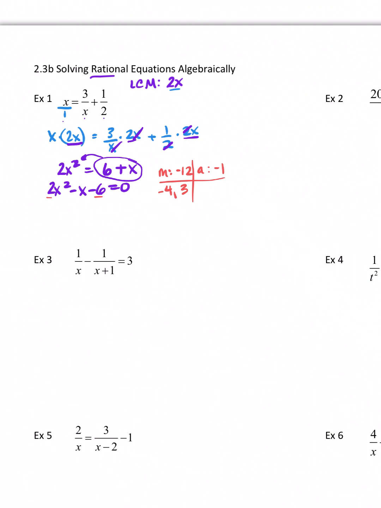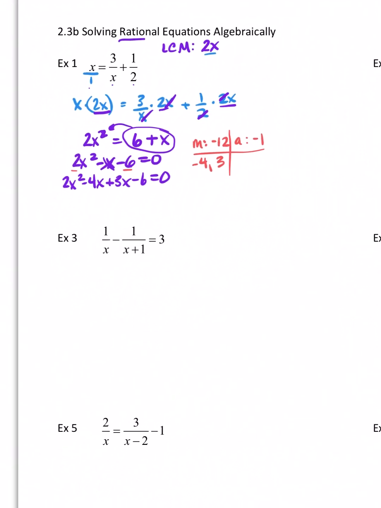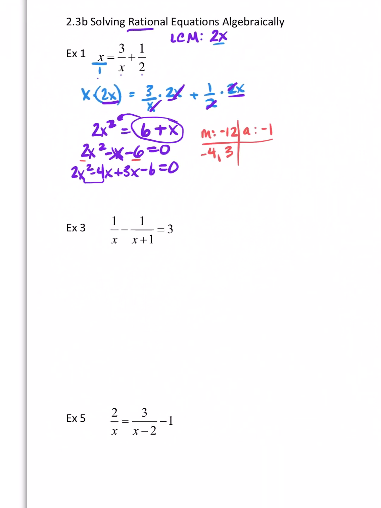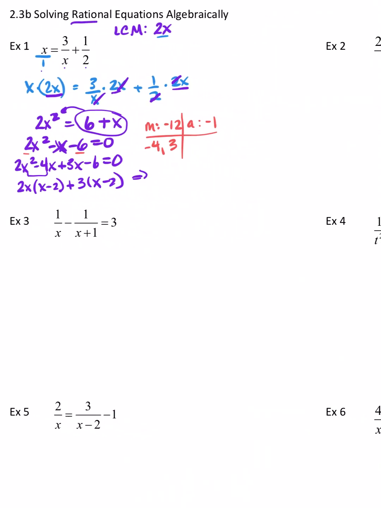Okay, so I'm going to do my grouping thing. So I'm going to do 2x squared minus 4x plus 3x, I've rewritten that middle term, minus 6 equals 0. And then let's do the grouping. So I'll take a 2x out of these two, so it'll be x minus 2 plus 3 times x minus 2. So let's continue on over here.